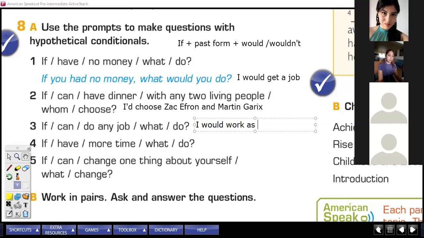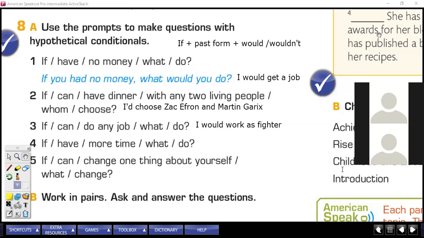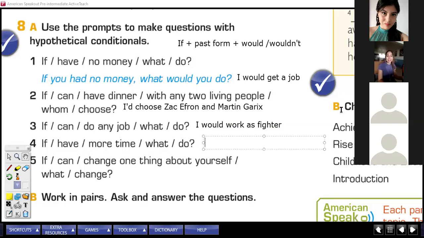Fighter. Okay. As a fighter. All right. Thanks. Next one, please. Alejandro Perez. If you had more time, now, what would you do? More time, imagine. More free time. What would you do?